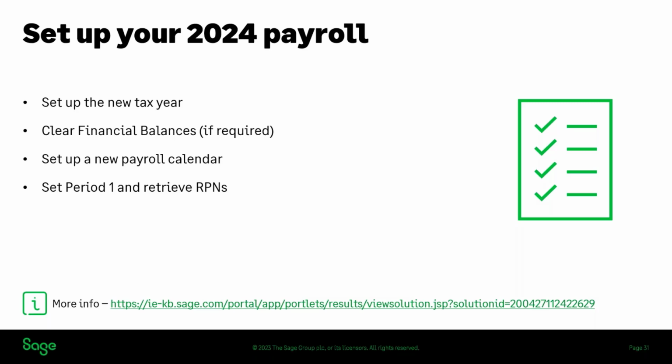We were prompted to clear our financial balances because our financial year ran at the same time as the tax year. And once we did that, we set up our new payroll calendar by entering the first pay date of the year. And then we've just set period one and retrieved the latest RPNs. And you can read more about these steps following the link on screen.